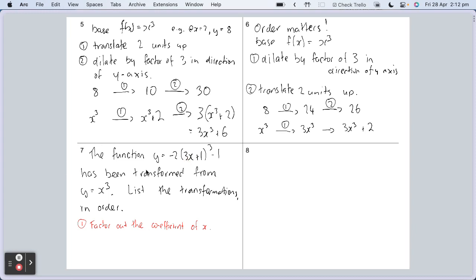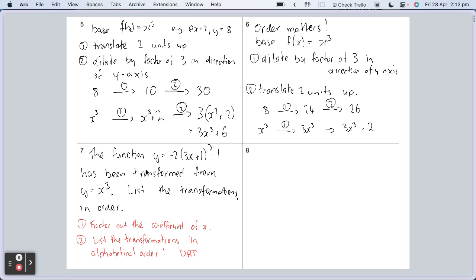Number 2, list the transformations in alphabetical order. More than one order works, but this one is just nice and simple to remember.